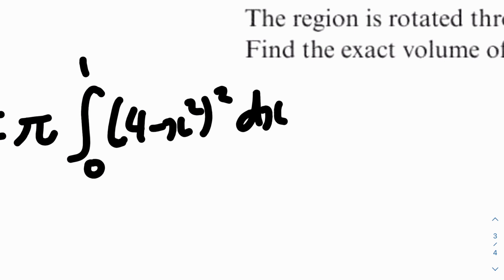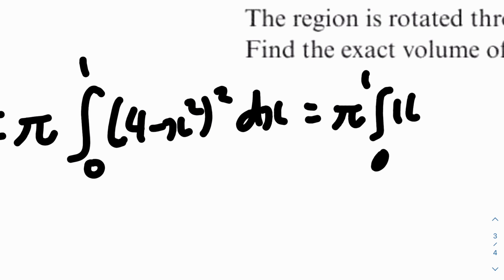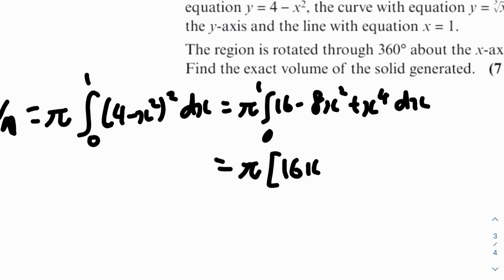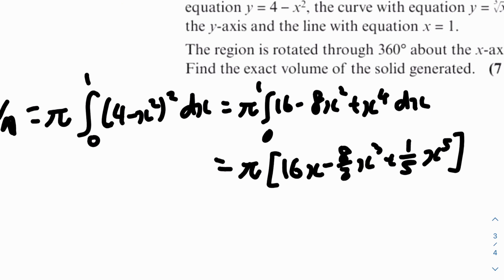Expanding, we get pi times the integral of 16 minus 8x squared plus x to the power 4 dx, which is equal to pi times 16x minus 8 over 3 x cubed plus a fifth x to the power 5, from x equals 0 to x equals 1.